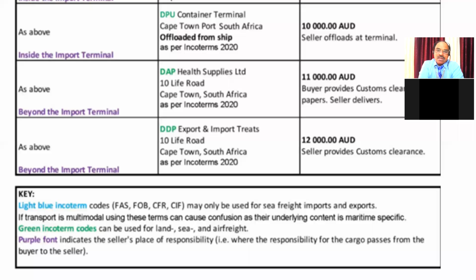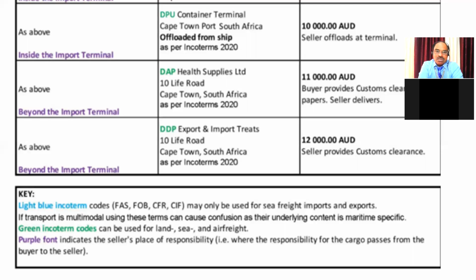If Cynthia is ready to send to Mark's place, that is, Mark is located at Health Supplies Limited, 10 Life Road, Cape Town in South Africa, without unloading, the goods will go to Cape Town, South Africa. That is Mark's actual place of business. Mark is running Health Supplies Limited in South Africa.